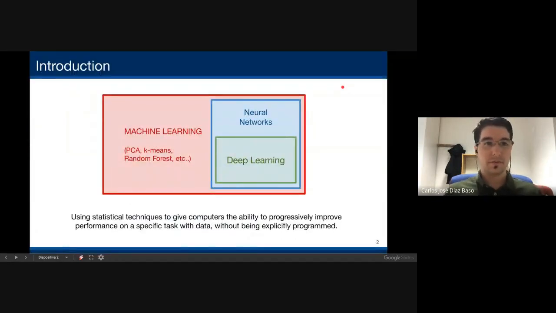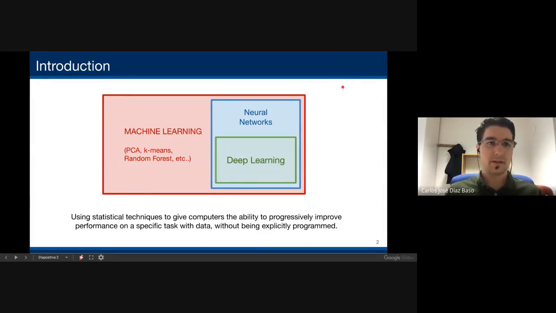To start from the beginning, let's define some concepts. If we consider machine learning as the set of statistical techniques which give computers the ability to progressively improve the performance on a specific task with data, with a very general program, so without being explicitly programmed.